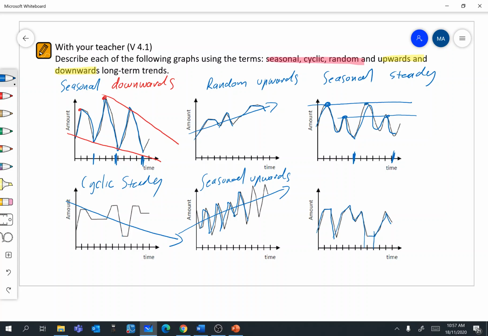I'm going to call this one random though, because this first peak has a flat top, and the other ones have a different shape to them, whereas this one has no extra part to it. And it looks pretty steady to me. So that's my call. But as I alluded to earlier, sometimes these can be open to a bit of debate. The ones with seasonal trends are often very obvious, but there can be a little room for debate about cyclic versus random trends.